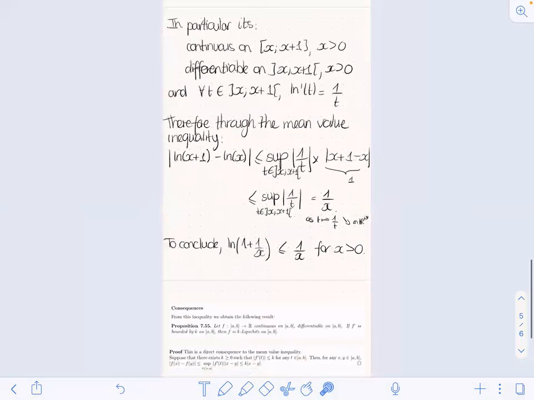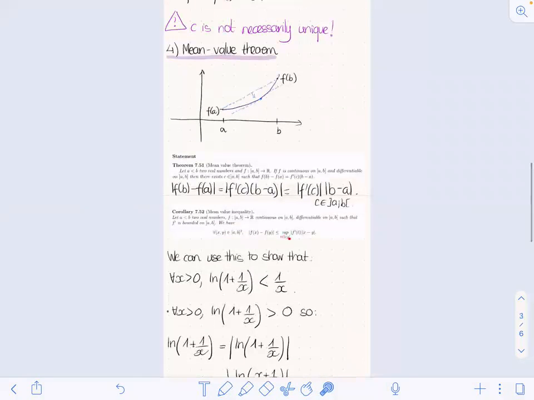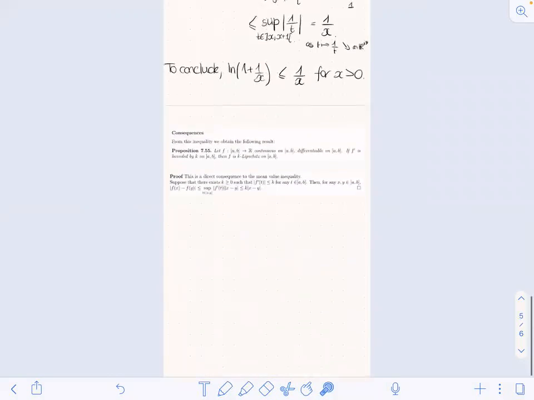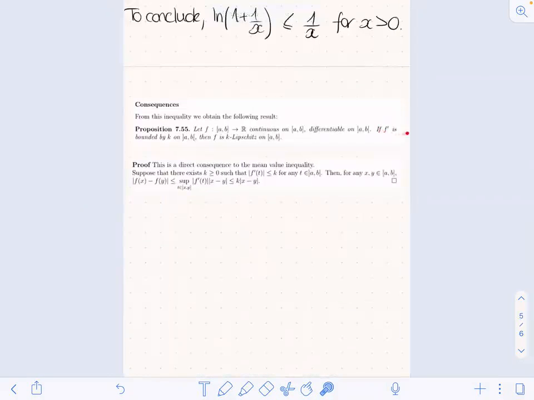If you look at the mean value inequality up here, if this supremum is bounded, then you're k-Lipschitz. As soon as you've got a bounded slope, your function will be k-Lipschitz. That's in line with one of the descriptions of being k-Lipschitz: your function can't vary too much in too short a time. Its slope can't be too big at any given point.